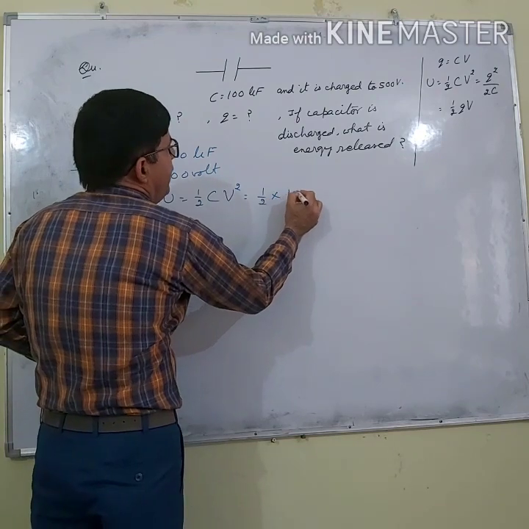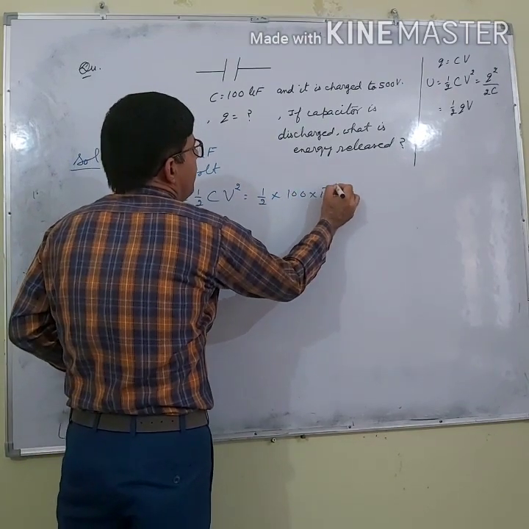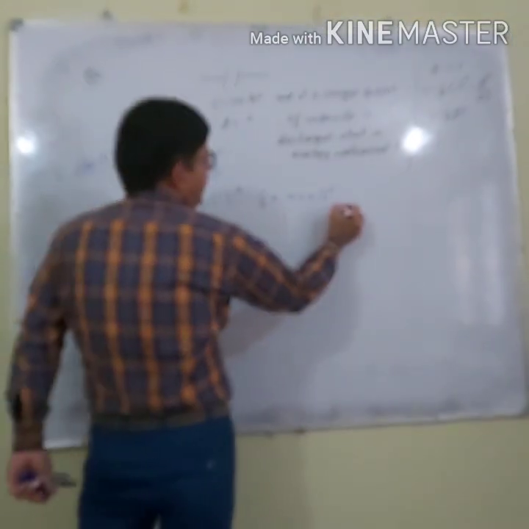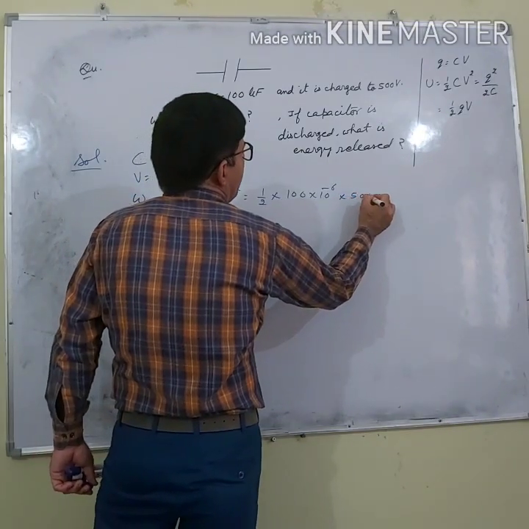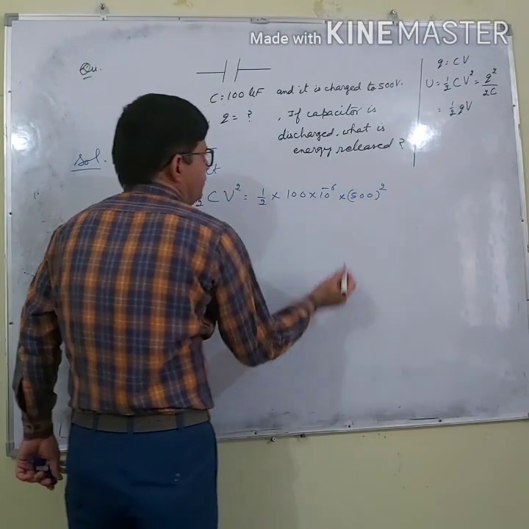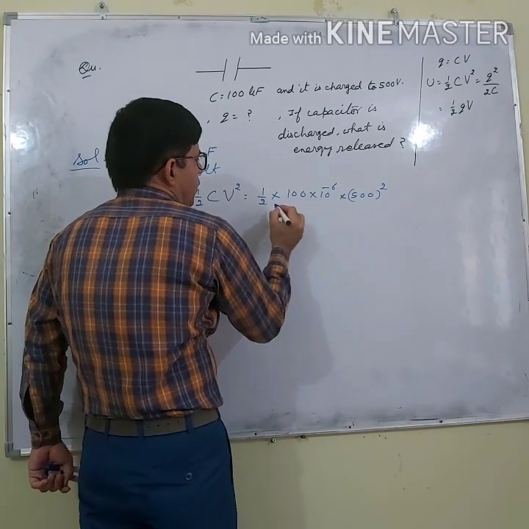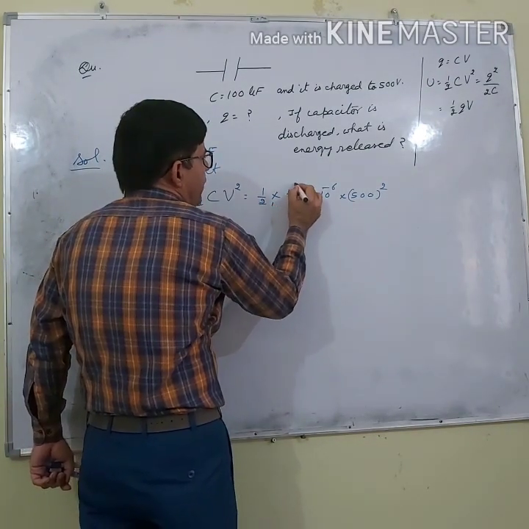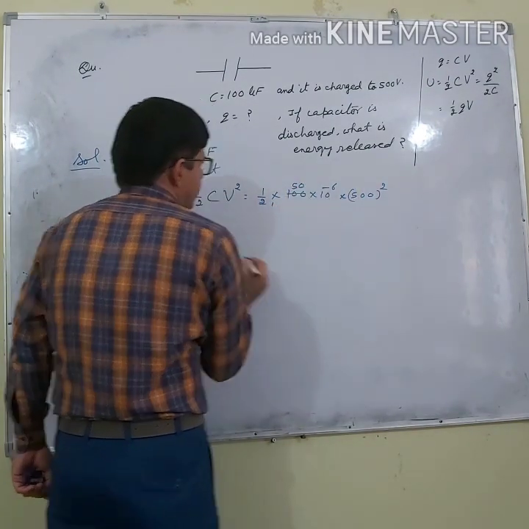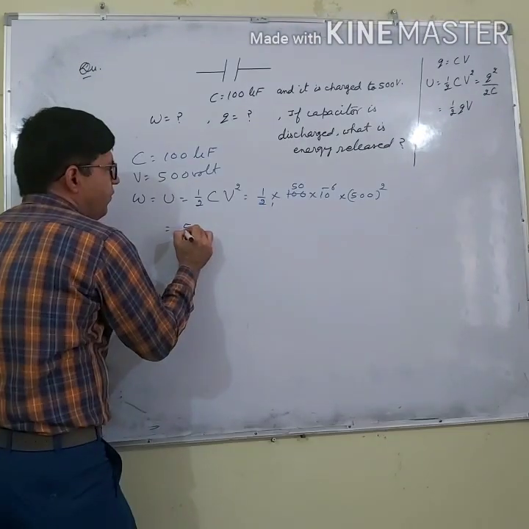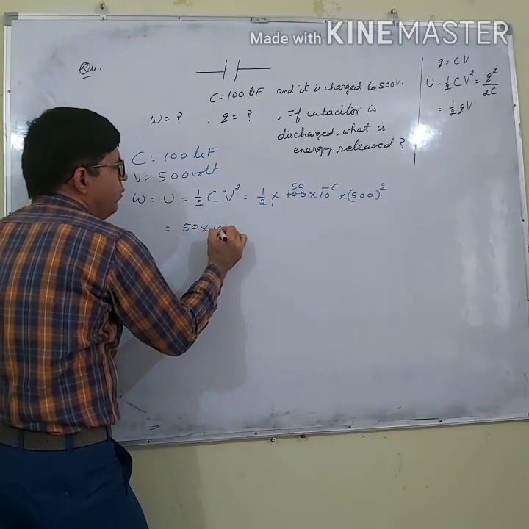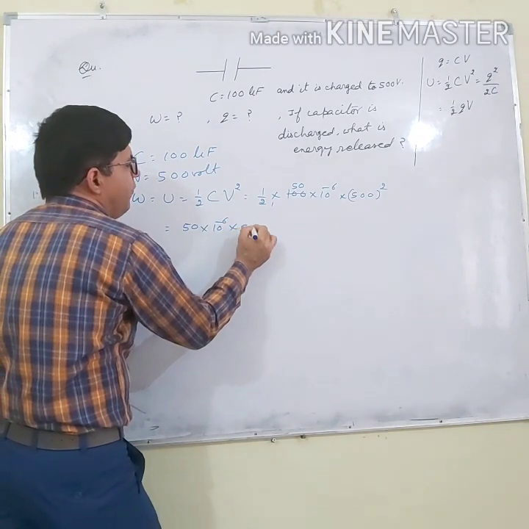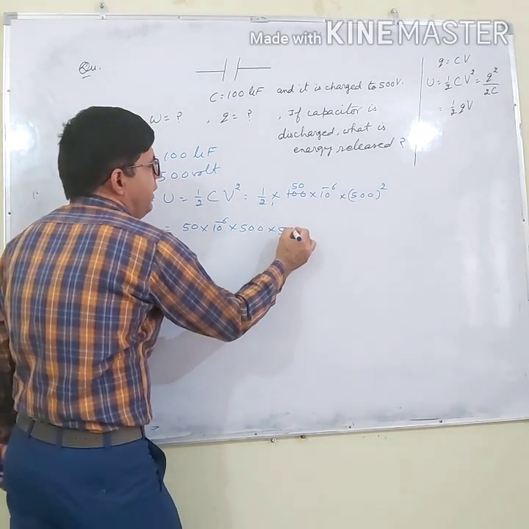Half C, 100 micro means 10 to the power minus 6, and V is 500, so 500 square. So it is going to 50. When you solve this, 50 multiplied by 10 to the power minus 6 multiplied by 500.